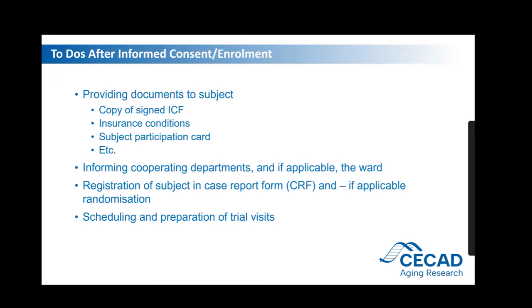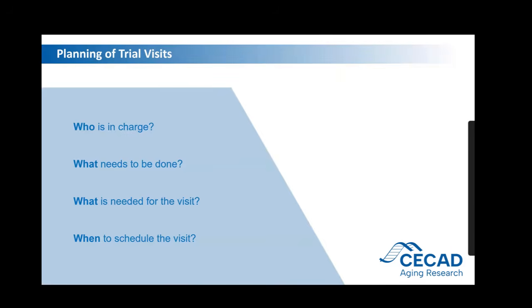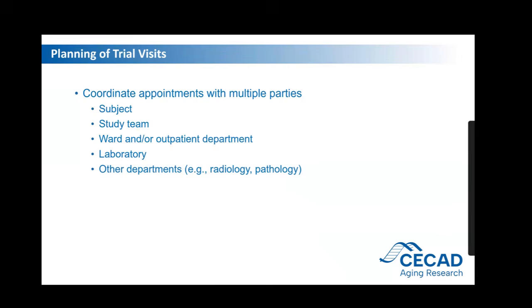But let us now have a look at what this trial planning and preparation actually entails. So you need to get an idea about who's in charge and what they need to do, what we need to prepare for the actual trial, and when these visits will actually be done. So first thing first is to coordinate appointments with all the parties that are involved.